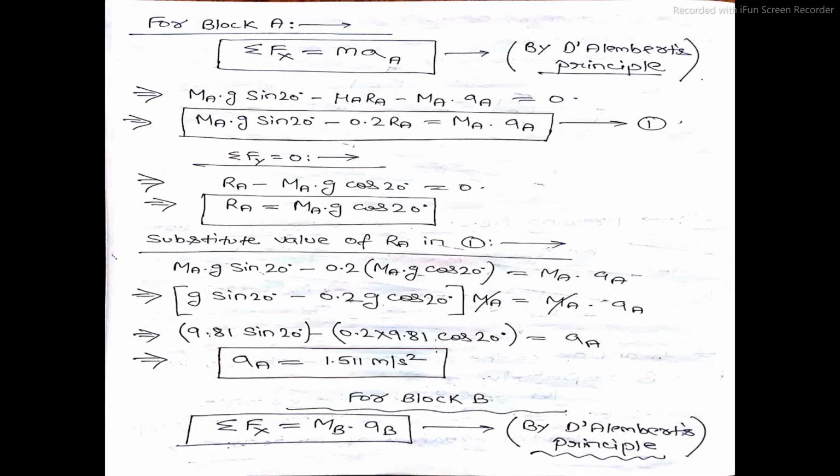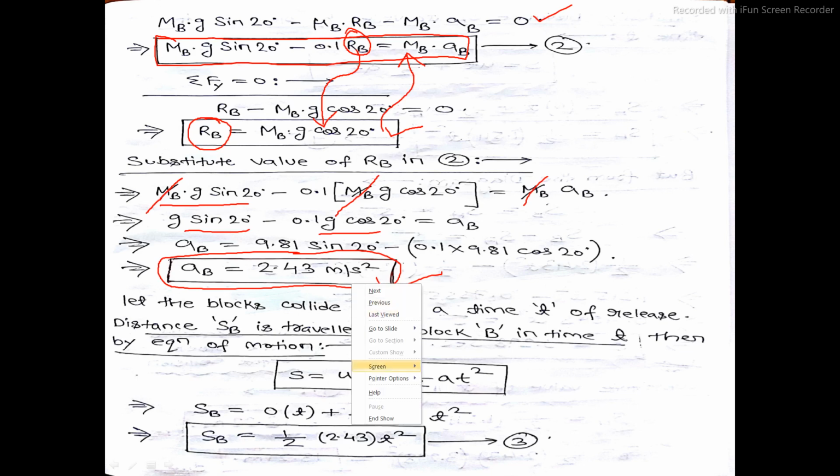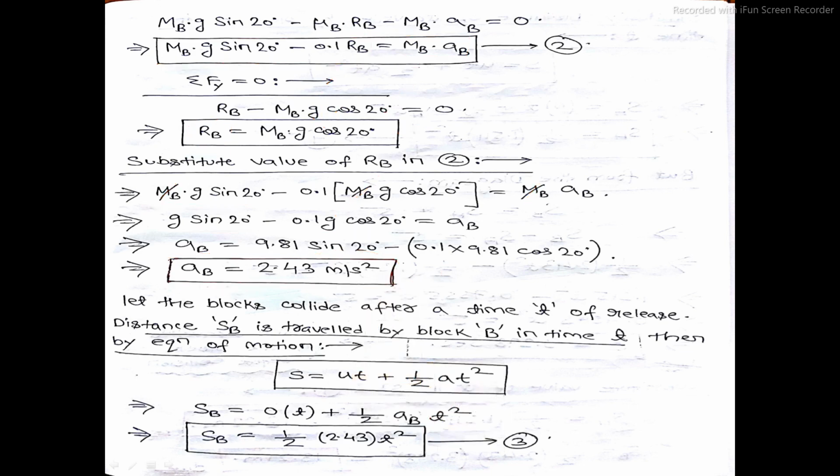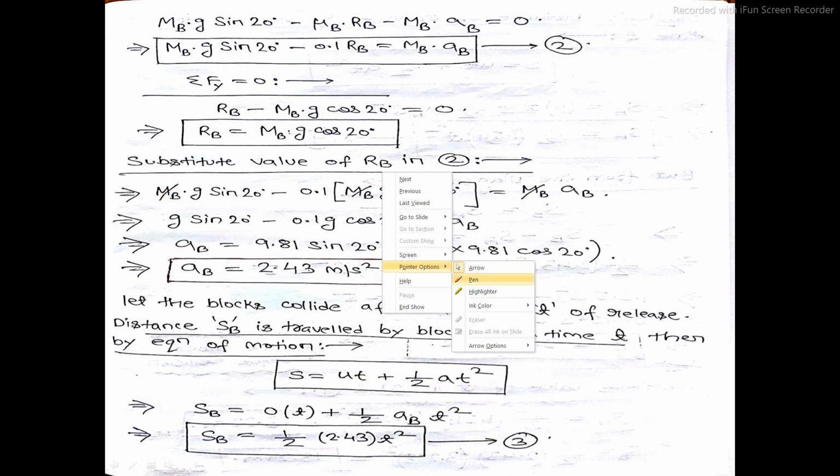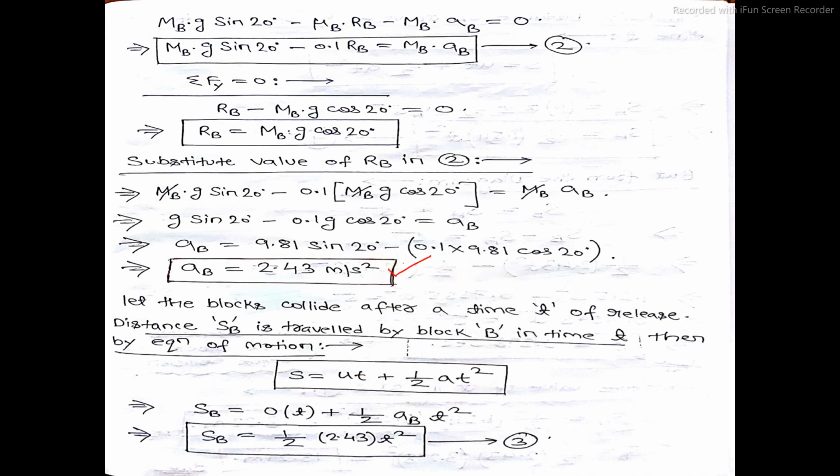Acceleration of block A is 1.511 meter per second square, and acceleration of block B is 2.43 meter per second square.